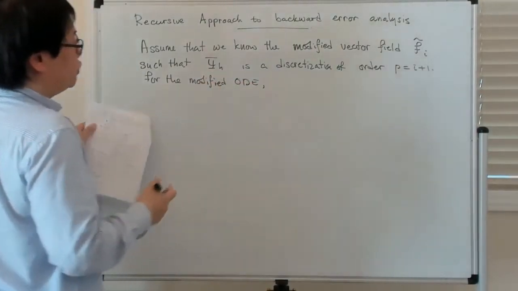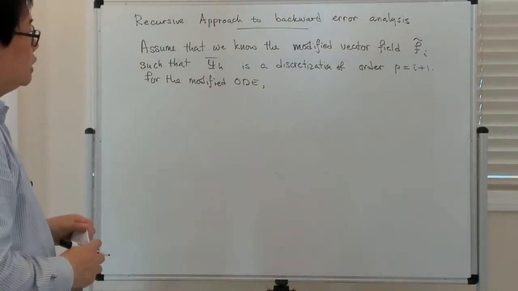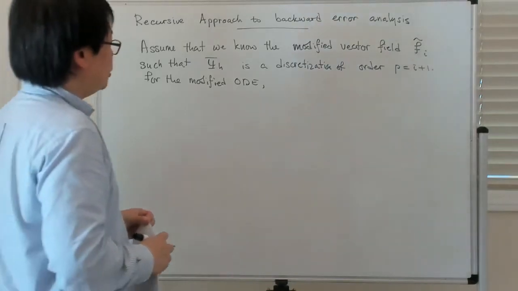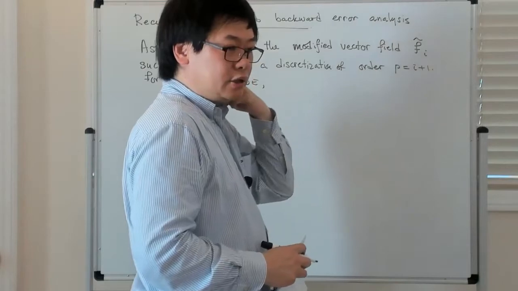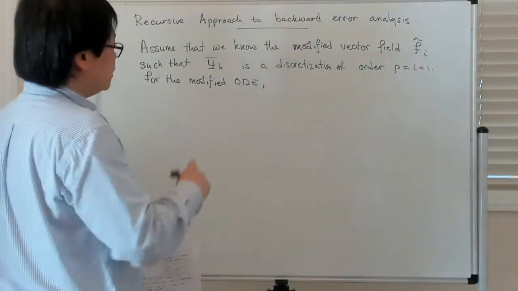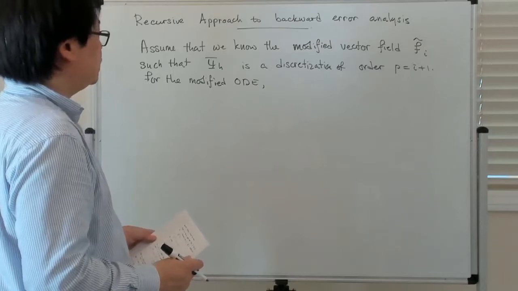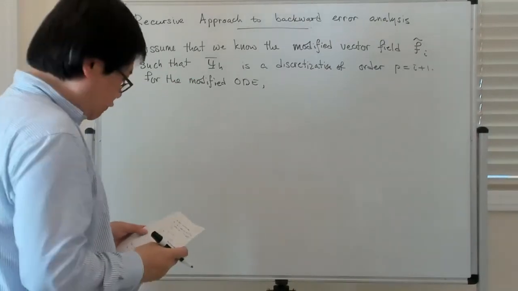And of course, any method is at least consistent, so that's at least first order. So you could imagine that f tilde 0 is just the original vector field. So it's always possible to have the initial, unmodified vector field as part of this recursive method.